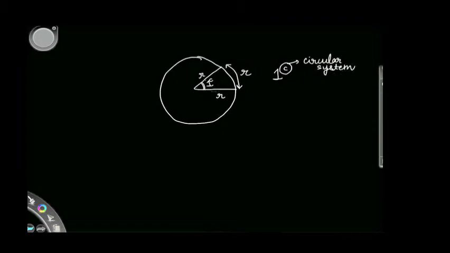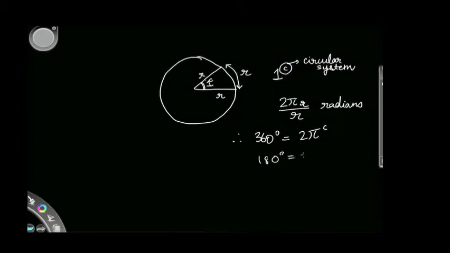As you can see, this is in length, so length by length, it has no units. It's a dimensionless quantity, but we just say radians so that we know we're talking about angles here. Since the whole circle has circumference 2 pi r, the whole circle makes 2 pi r by r radians. Therefore, 360 degrees is 2 pi radians, so 180 degrees is pi radians. This we need to know.